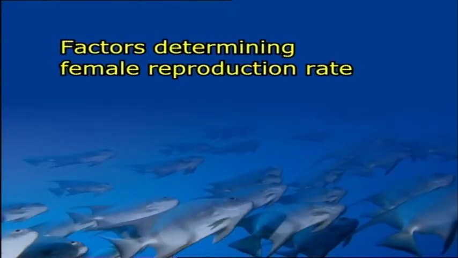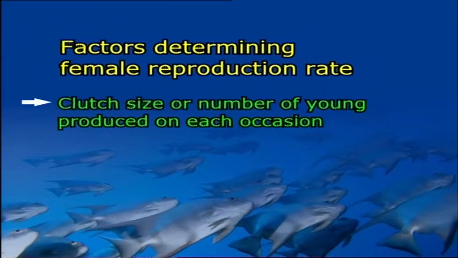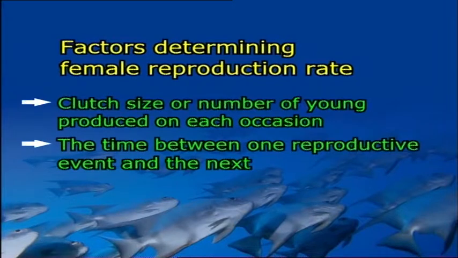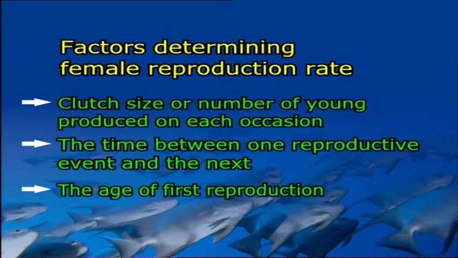Three population characteristics determine the rate at which females produce offspring: clutch size or number of young produced on each occasion, the time between one reproductive event and the next, and the age of first reproduction.